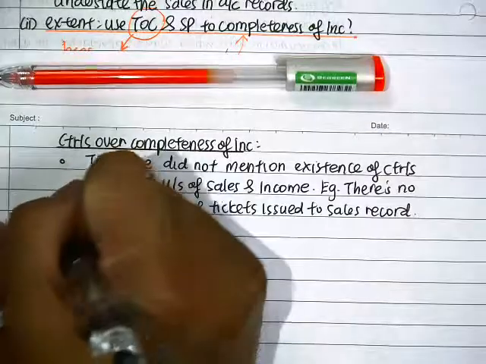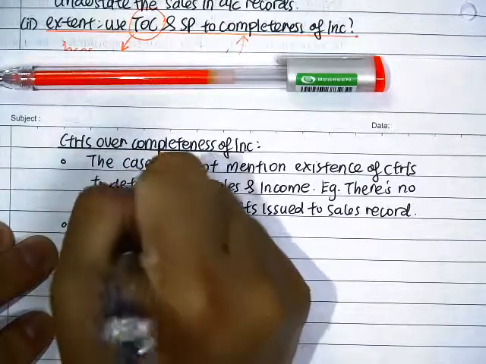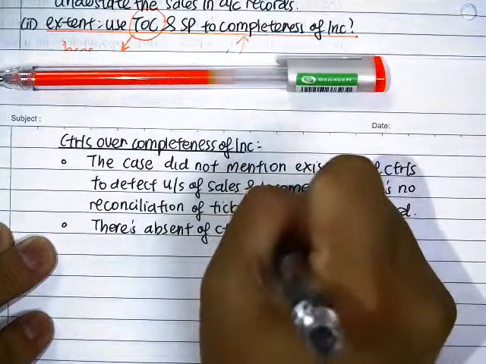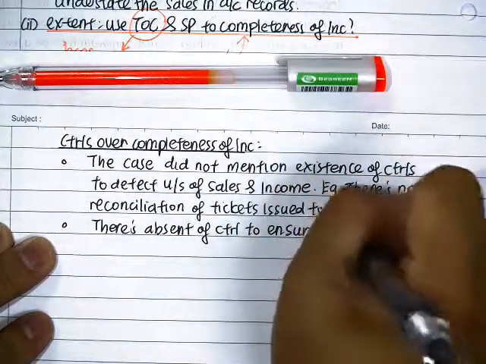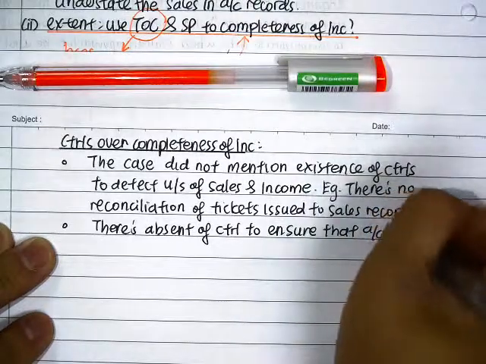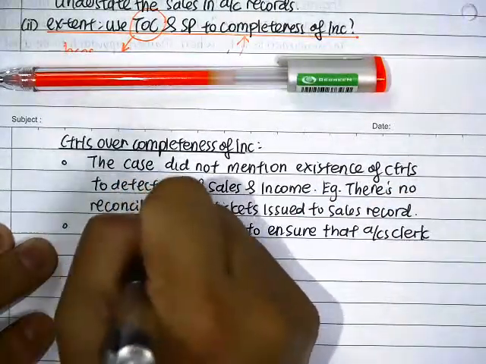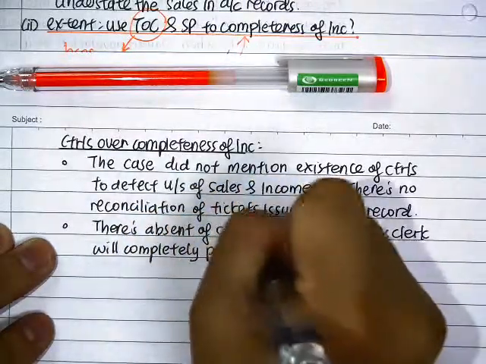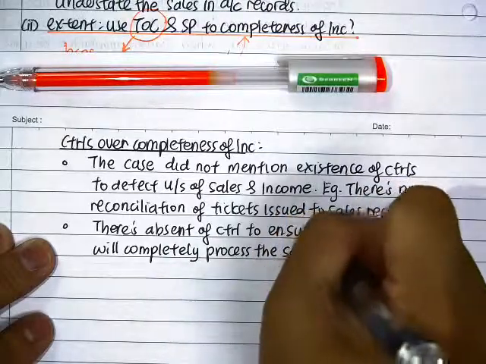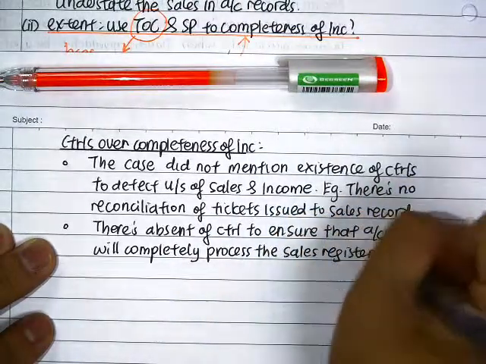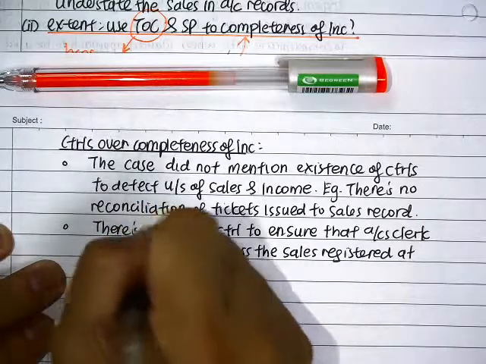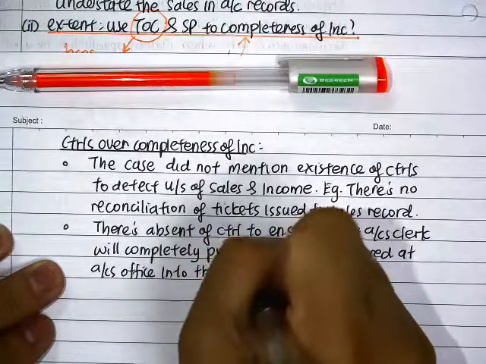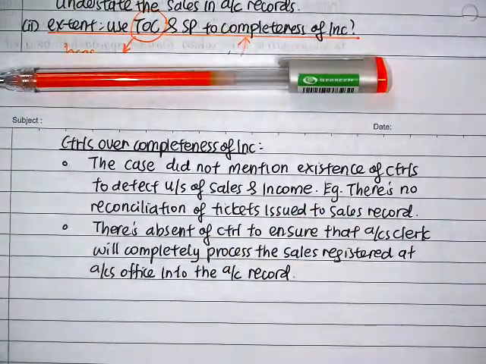Then number 2, there's also absence of control to ensure that the accounts clerk will completely process the sales registered at the accounts office into the accounting record.